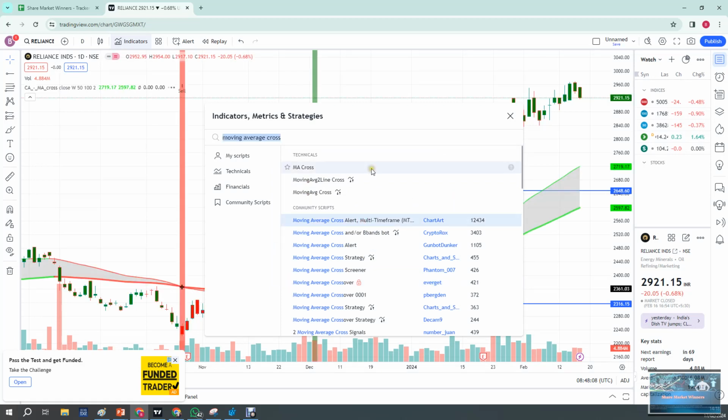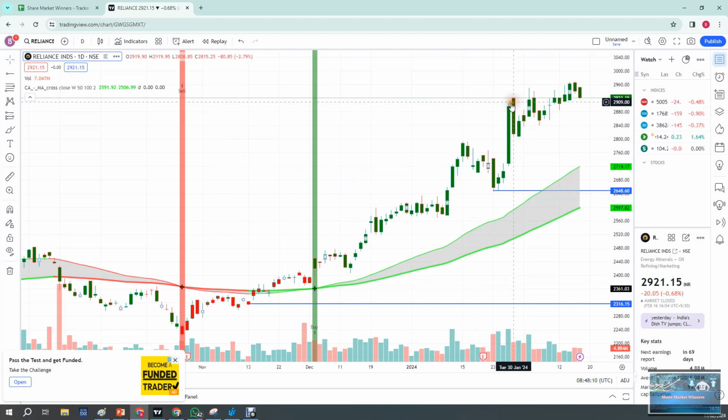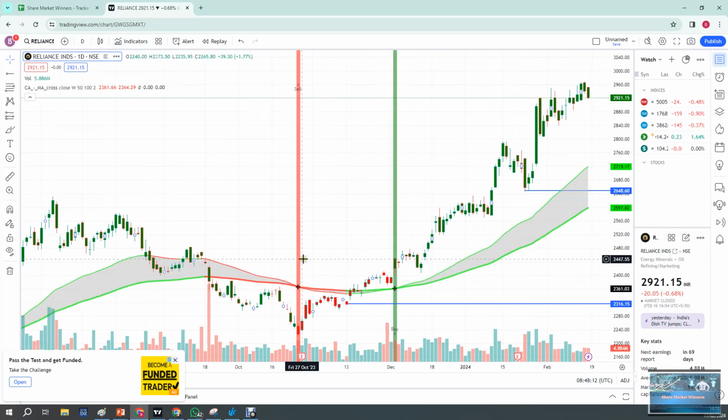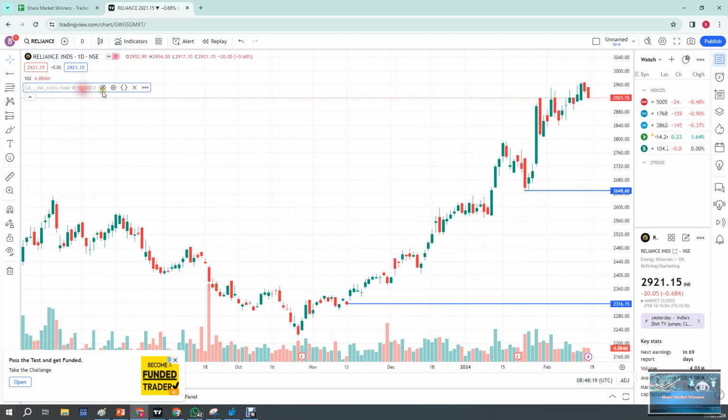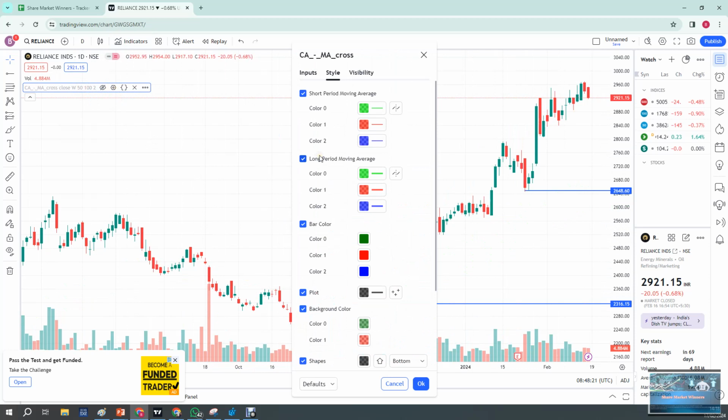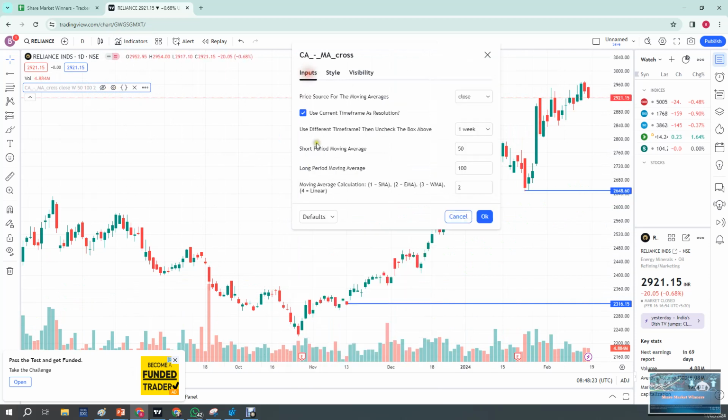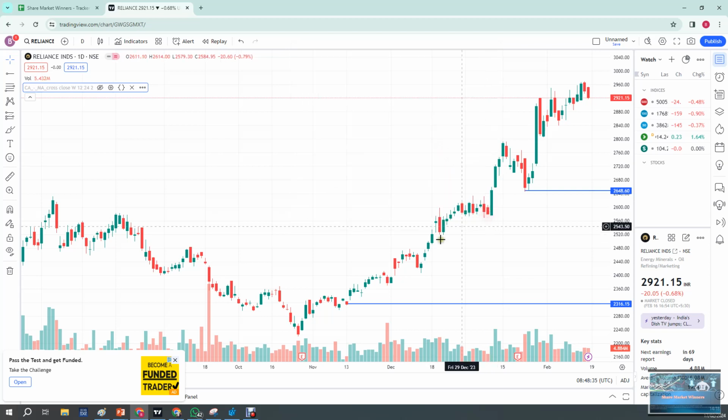The first one I am using is slightly different, and it can also be tweaked. It has multiple time frames and various fields, using a moving average period of 50, where I'm giving a 12, and for a longer time frame you can give 100.